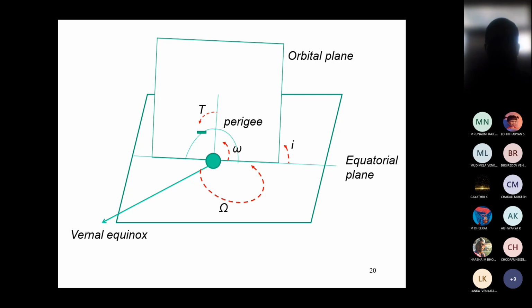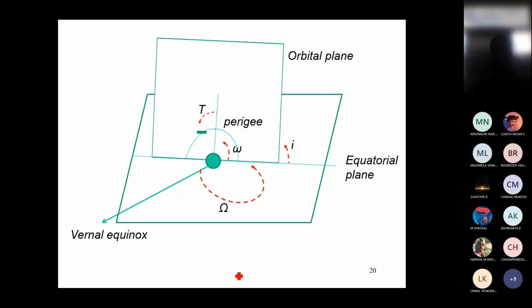So you just have a look on this. What we are talking about, this inclination angle. It is the angle in between the equatorial plane and the orbital plane. Okay, that means you see this plane, equatorial plane. It is nothing but the plane at the 0-degree equator.